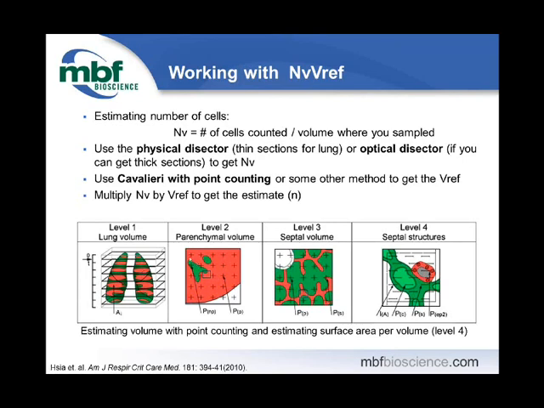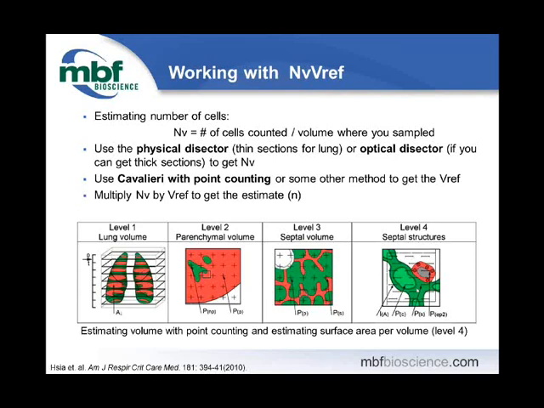That would be the NV, and we can multiply that by the reference volume to come up with an estimate of parenchymal volume. If we bring it down to a smaller scale, we could use the parenchyma as the reference volume to multiply by the ratio of the septal volume to the non-septal volume.